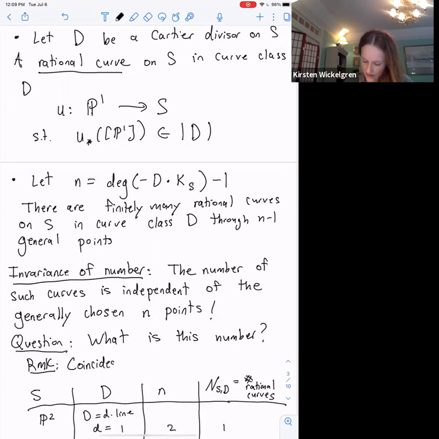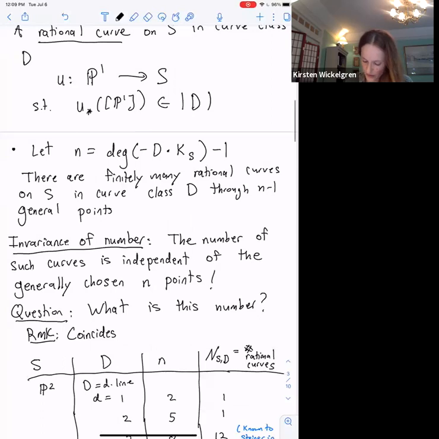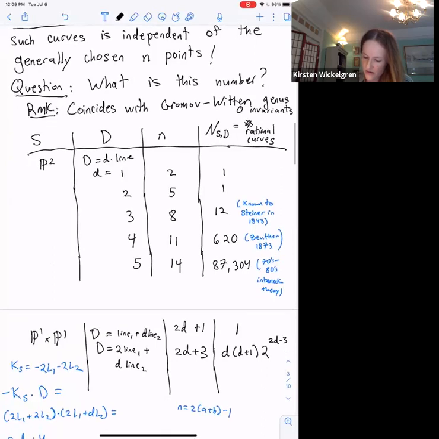In a symplectic context, it coincides with the counts of J-holomorphic curves, which coincides with Gromov-Witten genus zero invariants. And we're taking this algebraic perspective here.